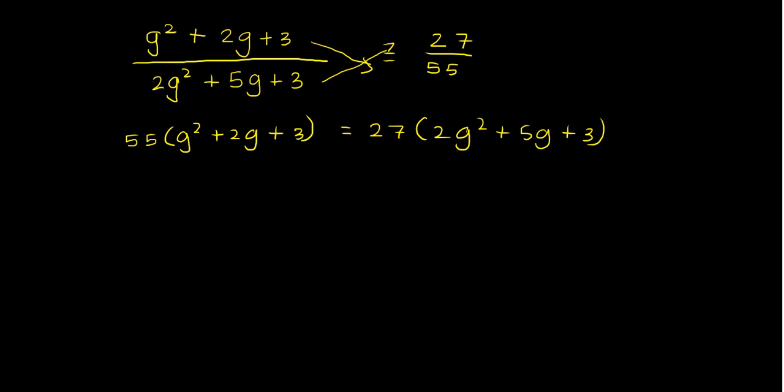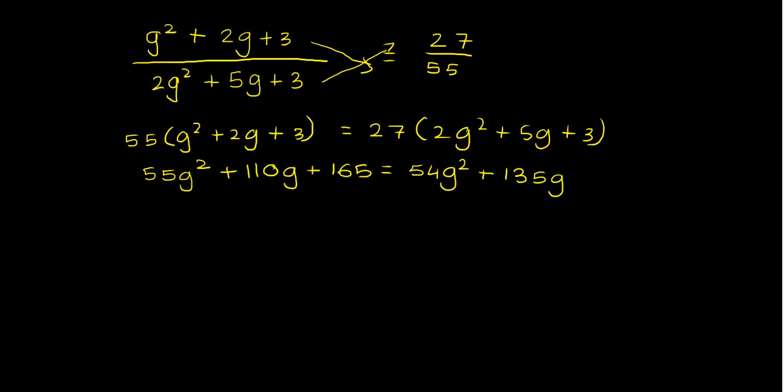This gives me 55g squared plus 110g plus 165 is equal to 54g squared plus 27 times 5, that's 135g, plus 27 times 3, so that'll be 81. There we go.